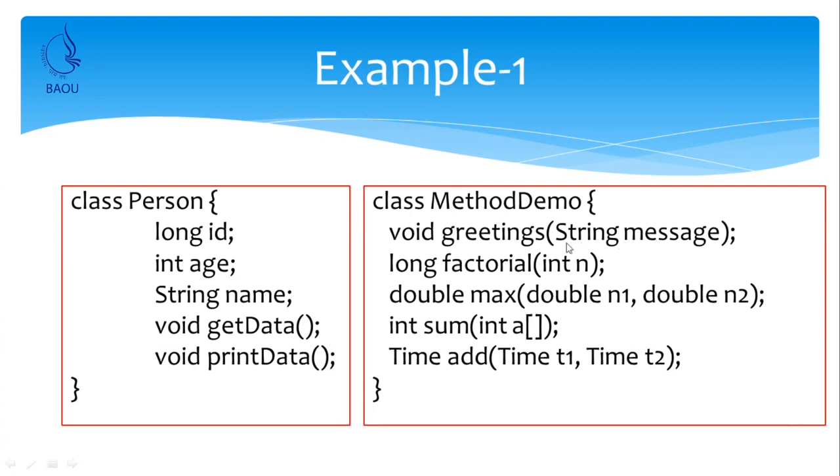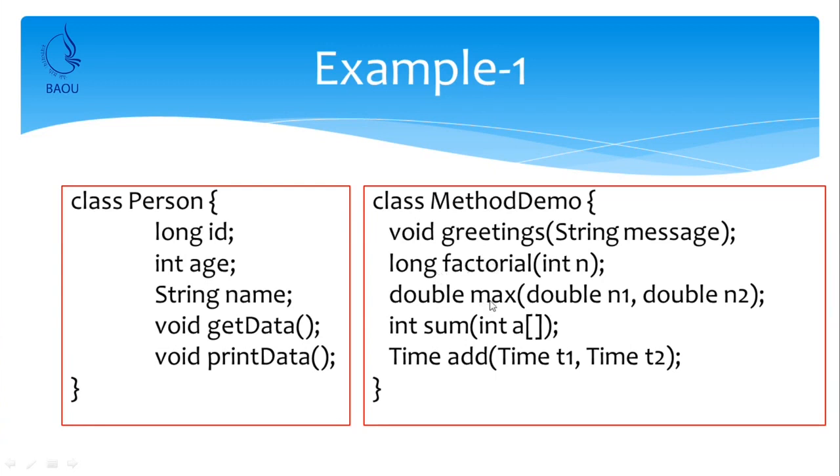So, this is an example of a method which takes a parameter, but does not return any value. Another method is long factorial and the parameter is integer n. So, this method will take integer value n from user and return its factorial as a long value. So, this is a method which takes an argument as well as returns some value.